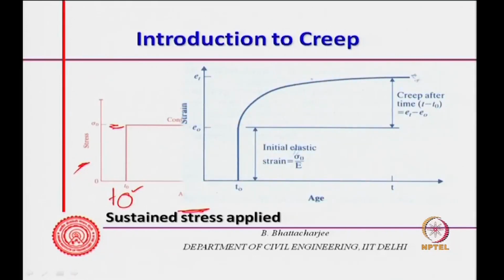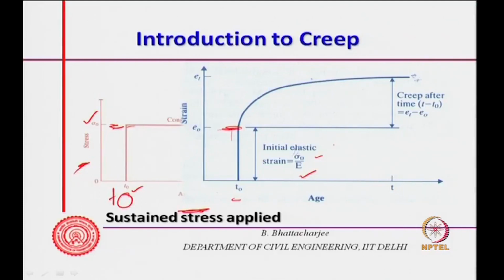With the sustained stress as we have applied, at the same time t 0, the strain would be elastic strain, because instantaneously there will be elastic strain due to this. So, the initial elastic strain will be given by sigma 0 divided by modulus of elasticity of the material.